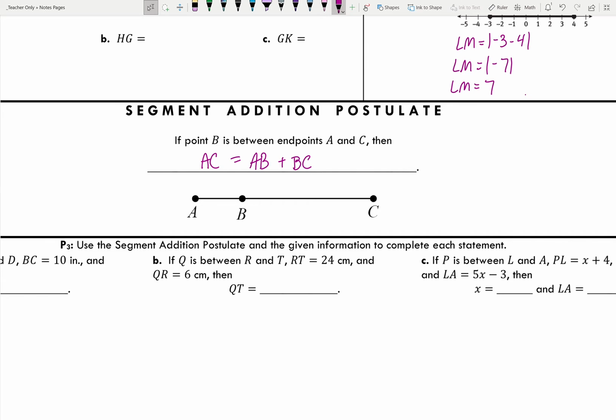That means that the length of AC is equal to the length of AB plus the length of BC.